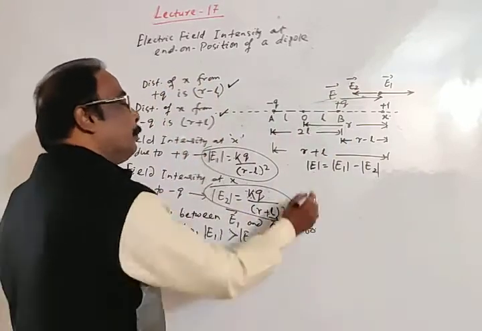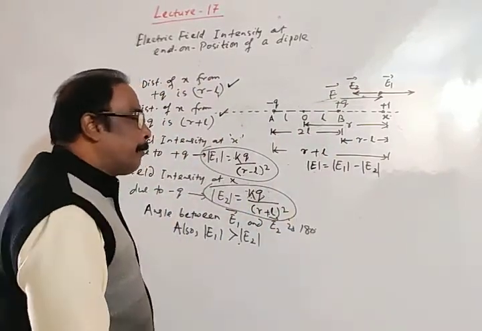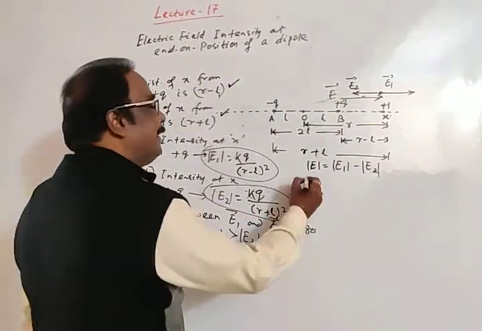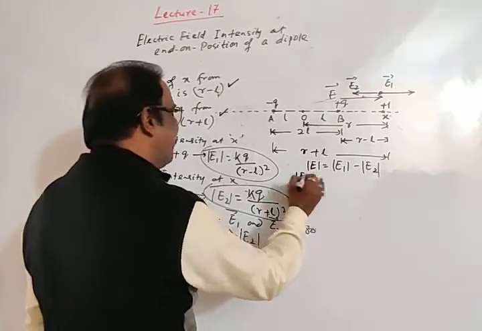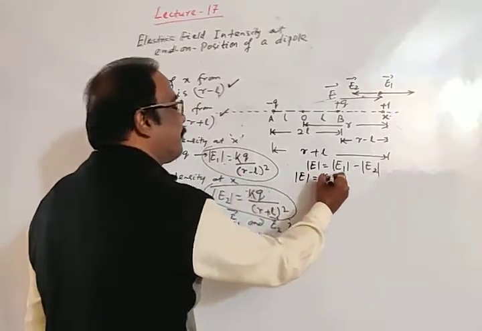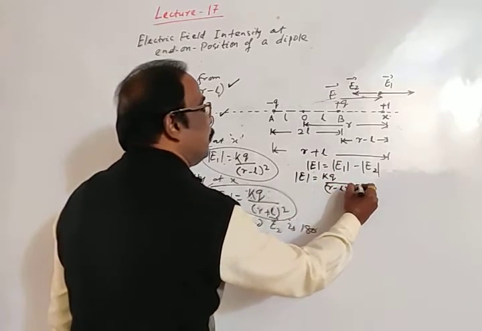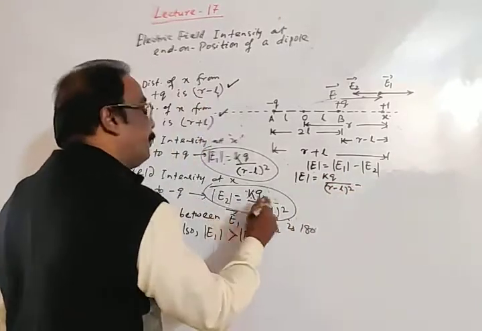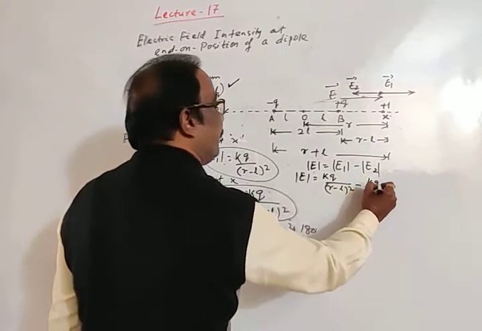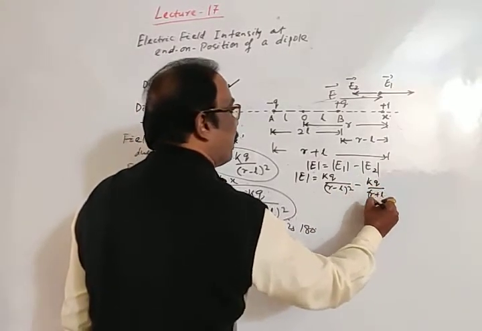Now our aim is to calculate the magnitude of the resultant field intensity. In place of E1, I can write kq divided by (r minus l) whole square, minus E2, which is kq divided by (r plus l) whole square.